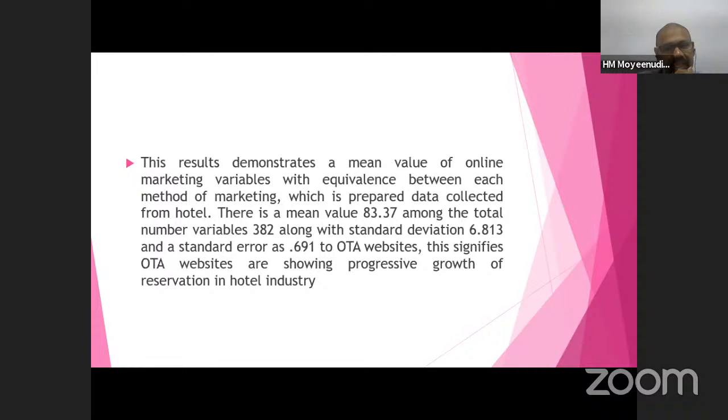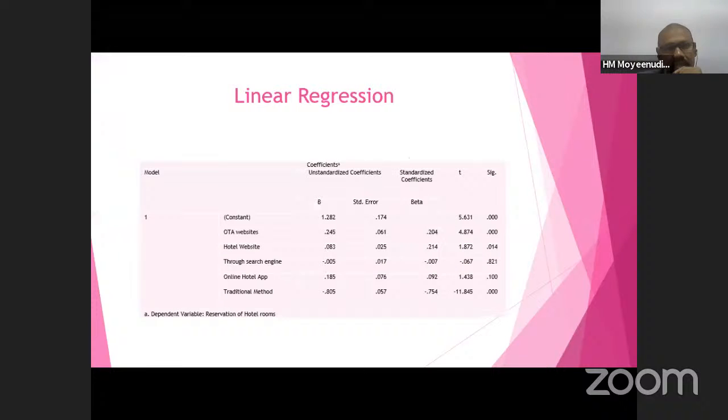Along with that, the standard deviation is 0.681, and the standard error is 0.691 for OTA websites. This signifies OTA websites are showing progressive growth of reservations in the hotel industry.